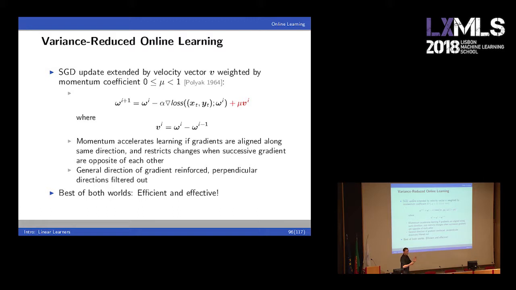So we are basically making sure that whatever we do when we follow the negative direction of the gradient is taken back, because we don't want to go in a direction of a gradient that is orthogonal to the gradient we established before. And if the gradient direction is roughly similar to the direction we have seen before, then this term cancels and we can do a large gradient step.